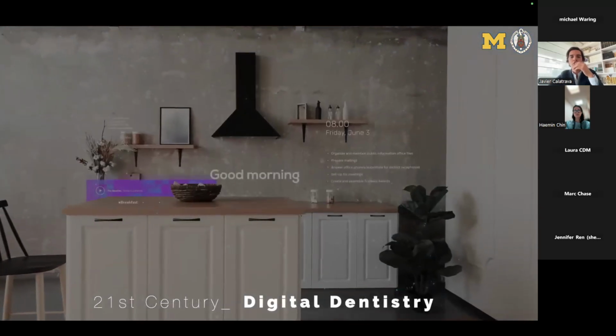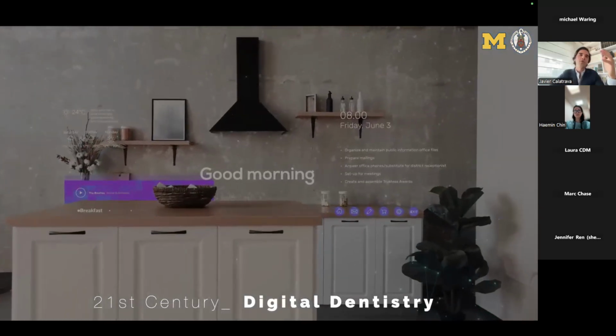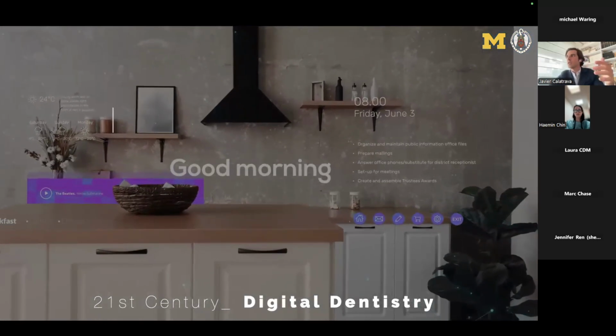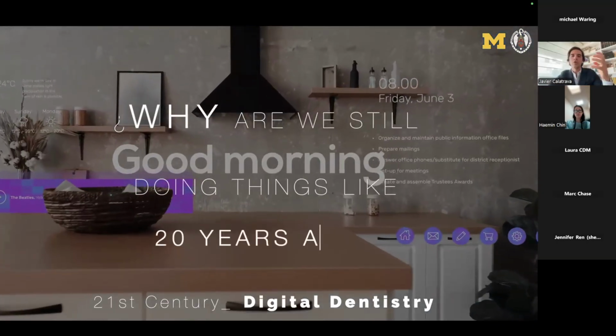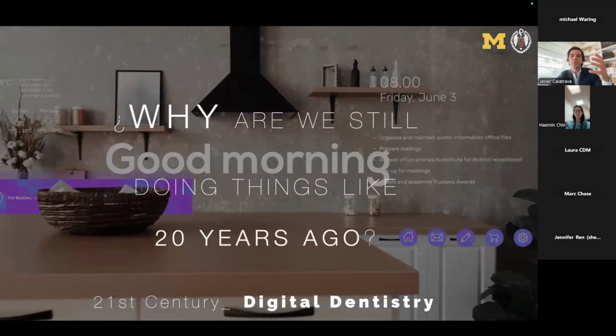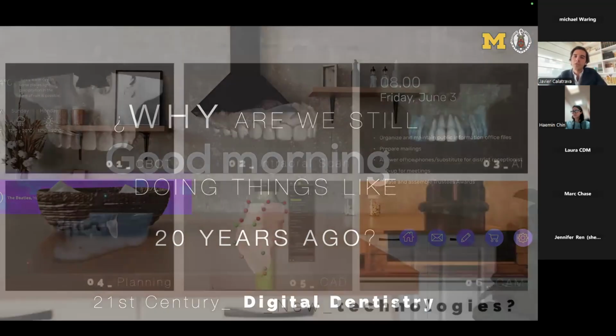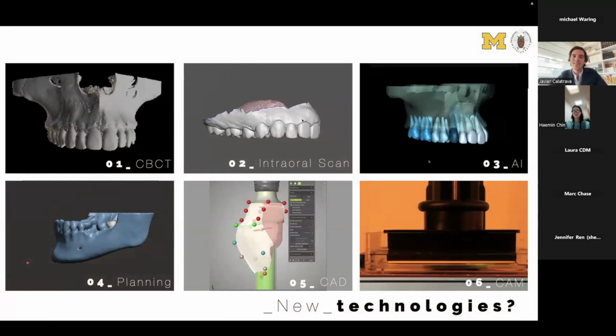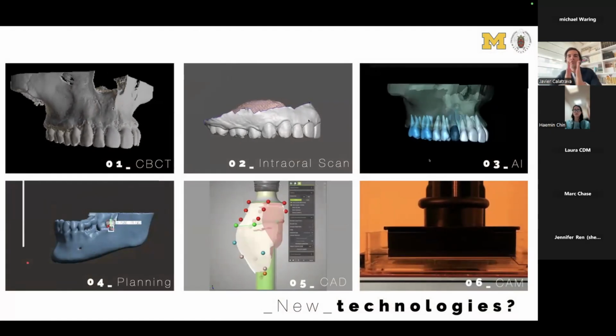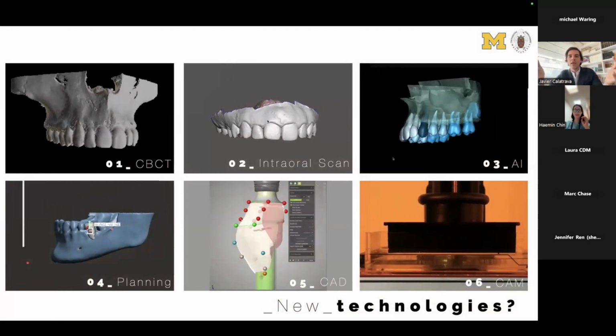However, when we go to conferences in restorative or prosthetics or any other fields, we see a lot of digital stuff. However, we go to perio conferences and we see in the big podiums surgeries done like we still did them 20 years ago. So why is this happening with the available technologies that we have in our clinics?